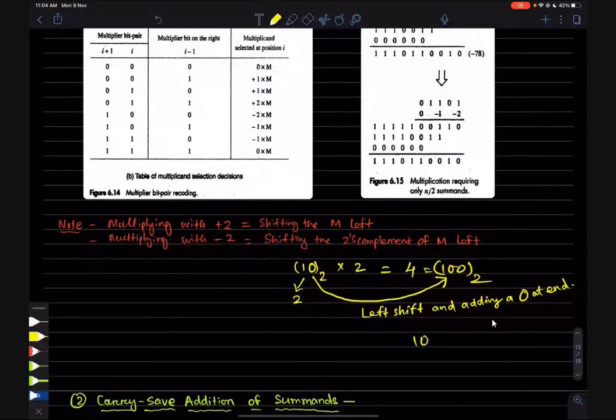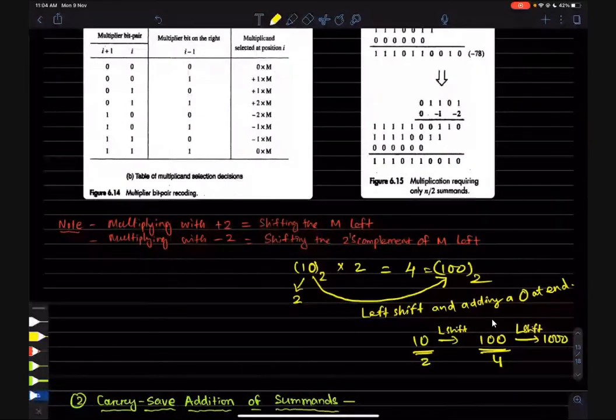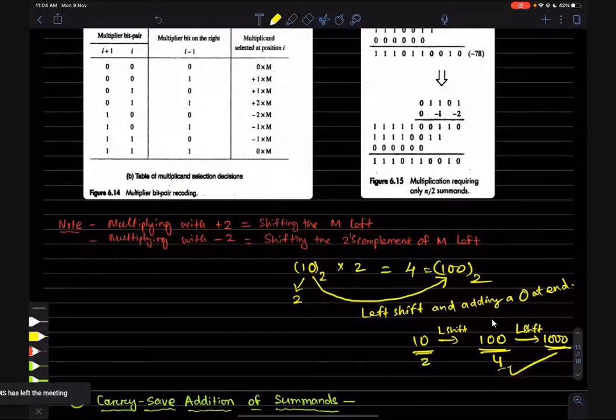So 10 left shifted gives you 100. What is 10? 2. 100 is 4. If you do one more left shift, you will get 1000. Okay, you got the idea?